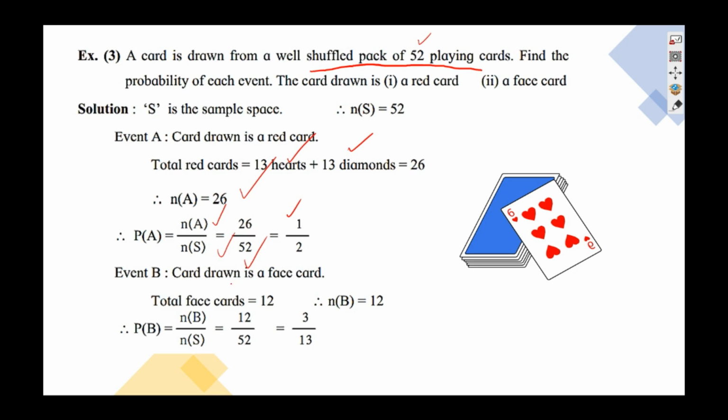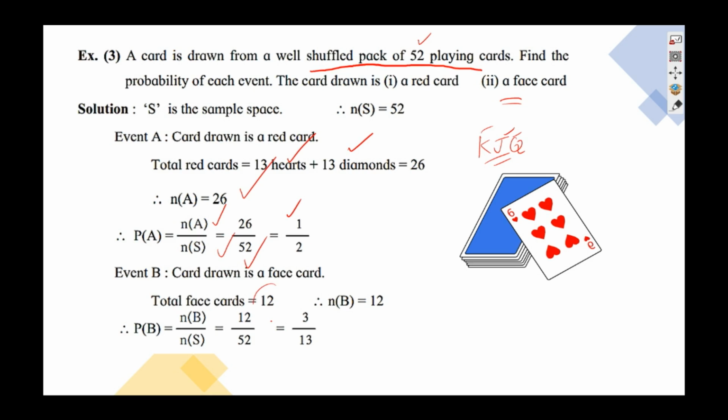The second part of the question is, what is the probability of getting a face card? What is this face card? As I told you, there are 3 cards, which are King, Queen and Jack. These cards are called the face cards, and all 4 types of cards, diamond and the others, have face cards.